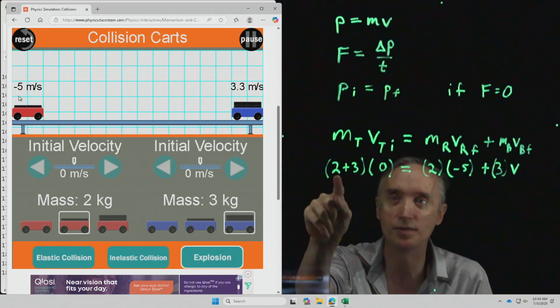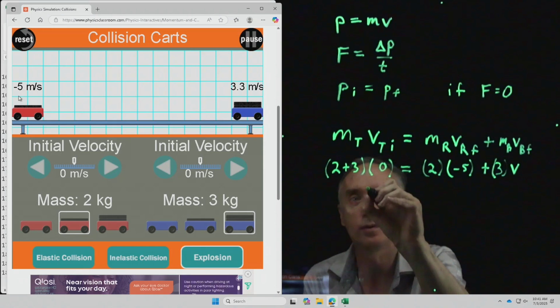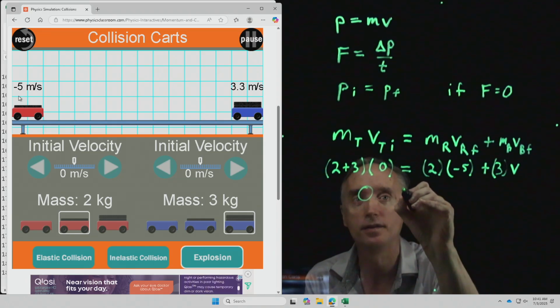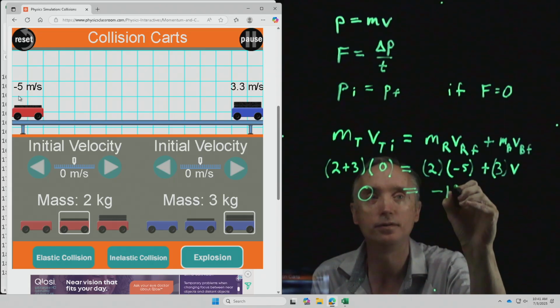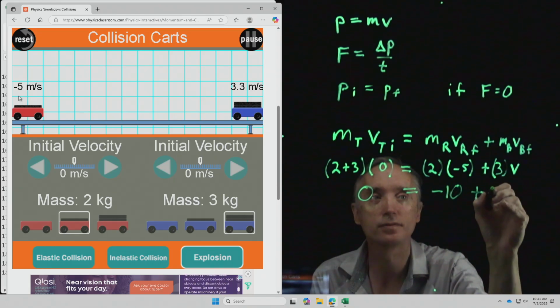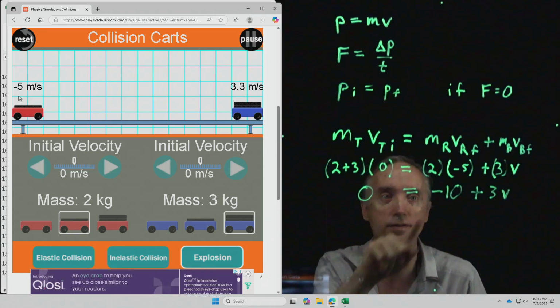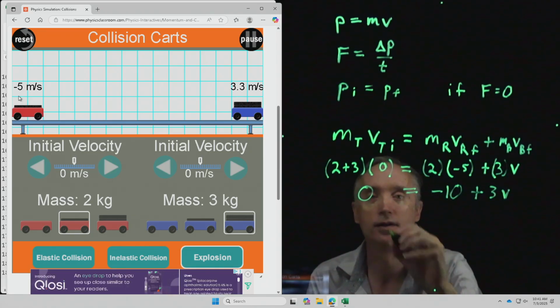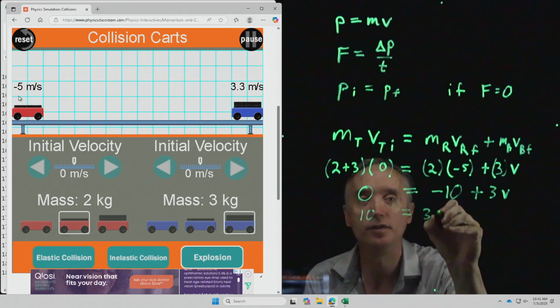Well, 5 times 0 is 0. And then that's going to be equal to -10 plus 3 times V. Okay, then take this over to the other side. And now you got 10 is equal to 3V.